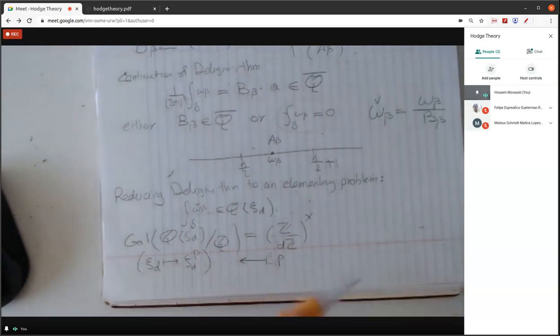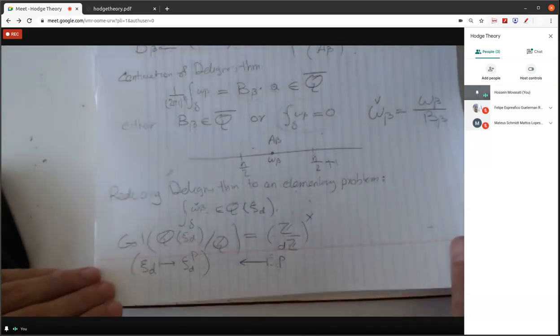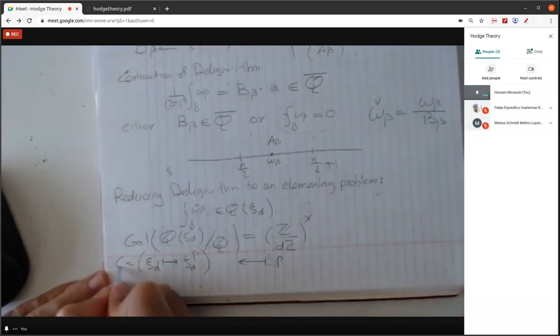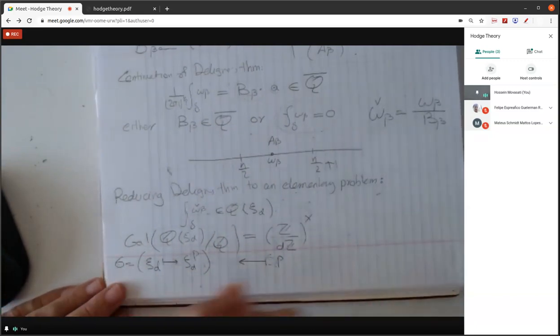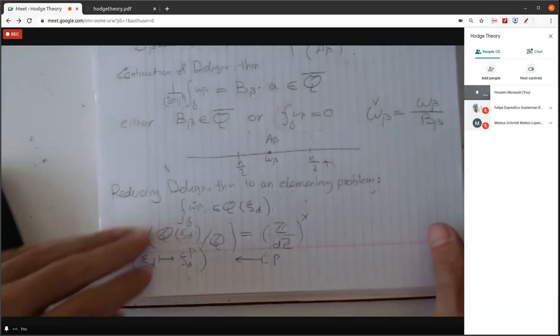Anyway, we have a good knowledge of this Galois group. Okay, so the basic thing that I want to do is take sigma from the Galois group. So sigma will be identified with p.